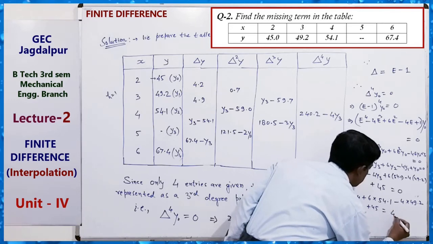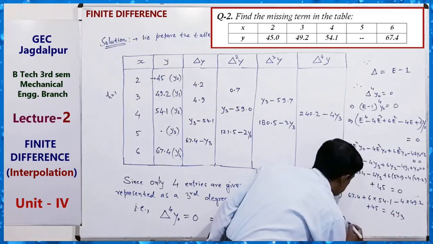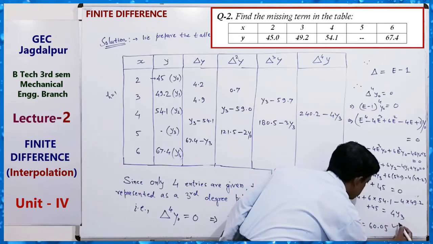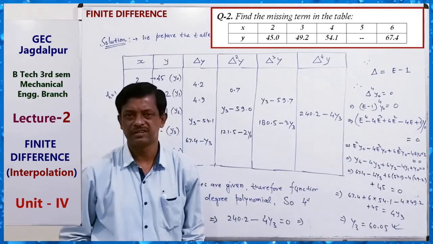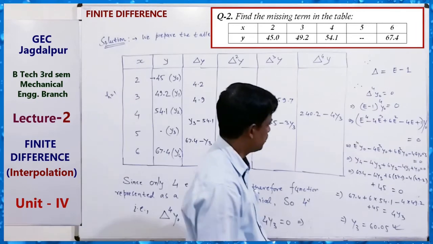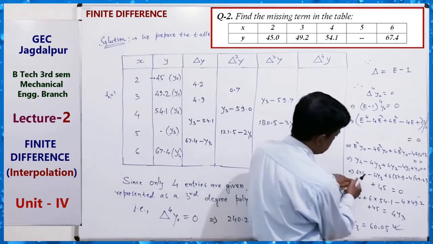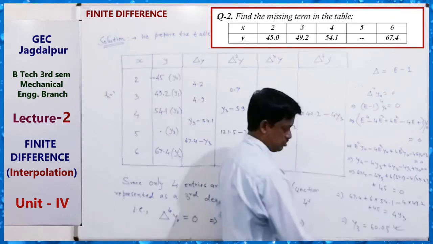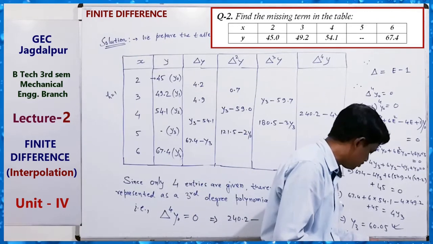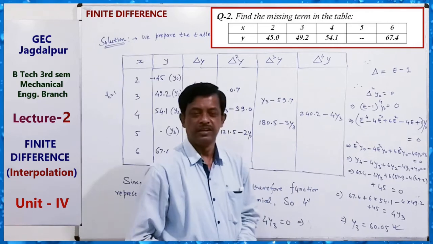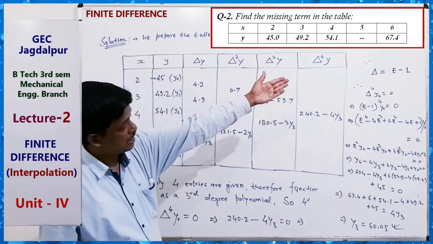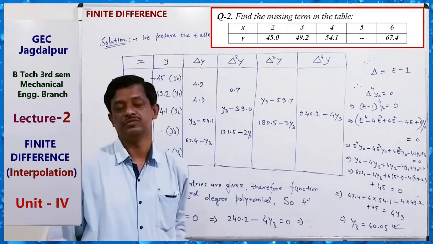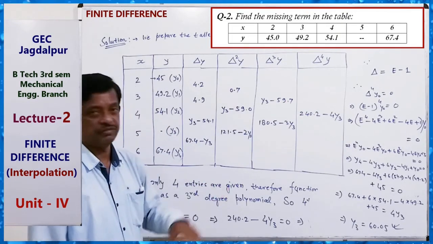So you can solve it, just add and subtract, and find y3 equals 60.05. So this relational equation can also be used for finding a missing value.